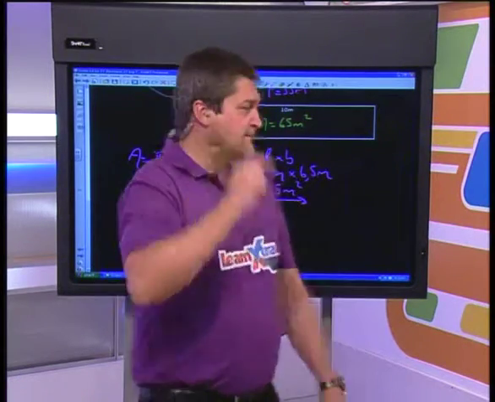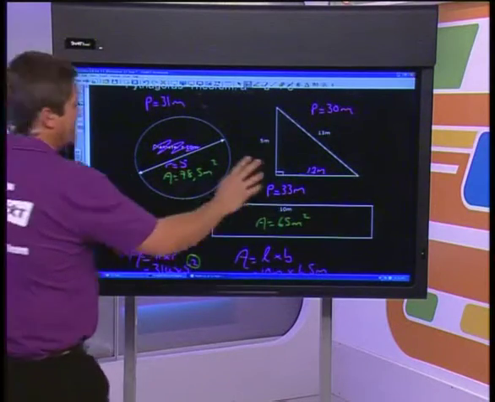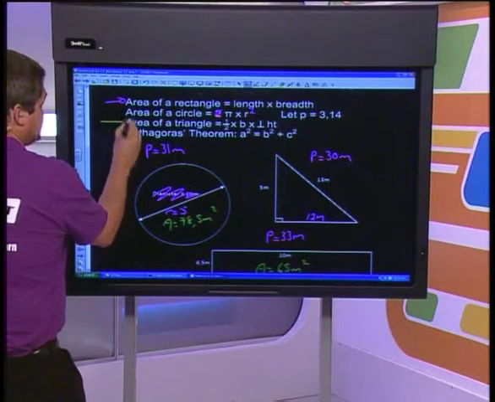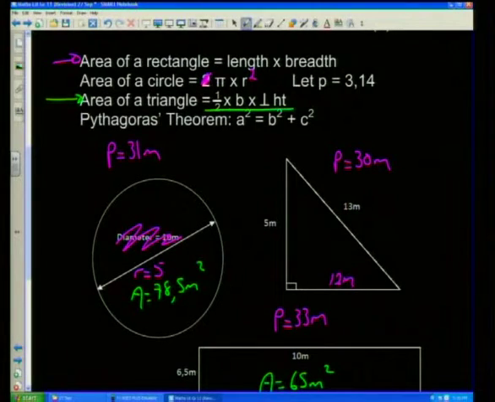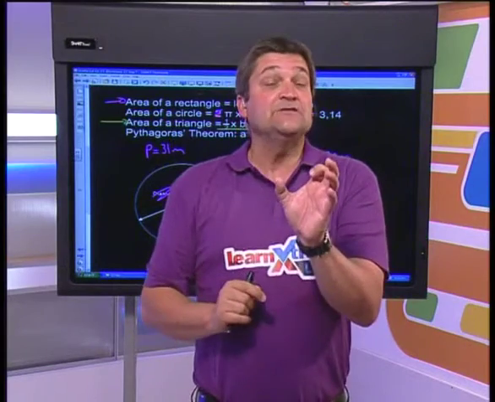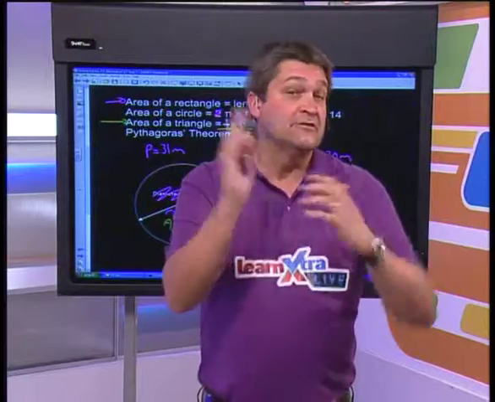Got it? Next one. Our final one is finding the area of this triangle. Now, the formula for the area of a triangle is half times the base times the perpendicular height. So it's going to be half times 5 times the base. Do you remember the original question didn't have the 12? How did we get that 12? We got that 12 by using Pythagoras' theorem.